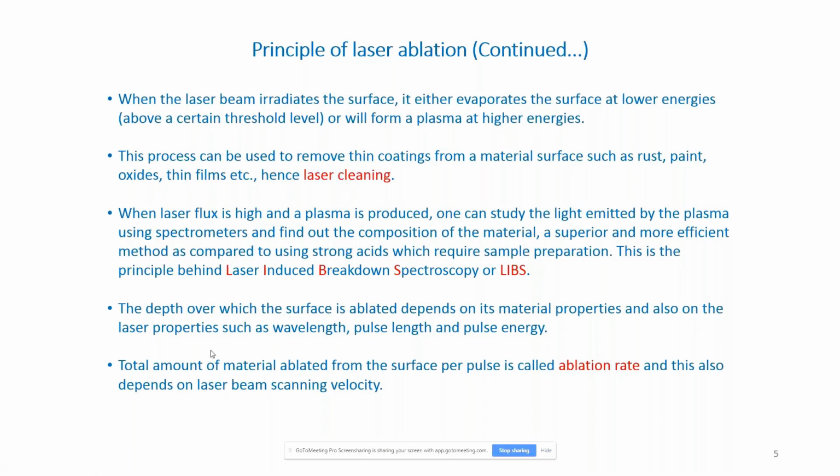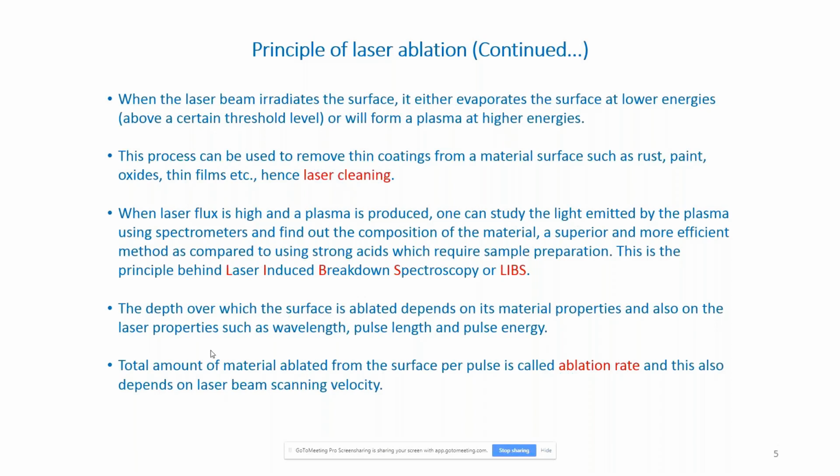And we will examine what factors we have to look at when we have a particular application and want to choose a particular laser. The total amount of material ablated from the surface per pulse is called the ablation rate, and this also depends on the laser beam scanning velocity.